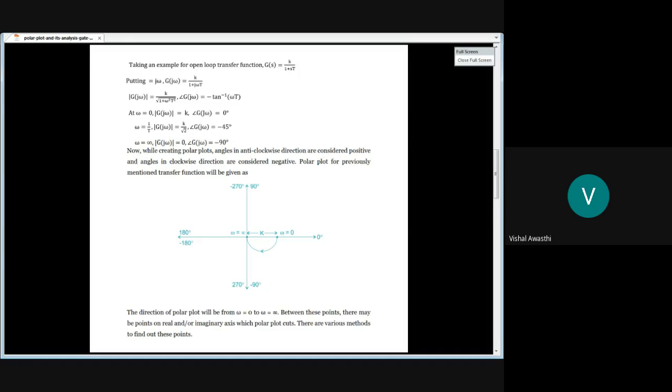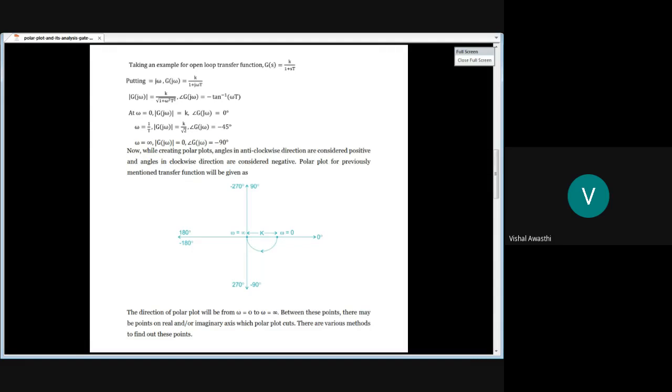So you know that the real positive part is 0 degree, and when you move in the anti-clockwise direction, the angle is 90 degree, 180 degree, 270 degree, and now at 0 degree it will again be 360 degree. In the clockwise direction, the angle is minus 90 degree, minus 180 degree, minus 270 degree, and again this returns back to 0 degree, which is minus 360.